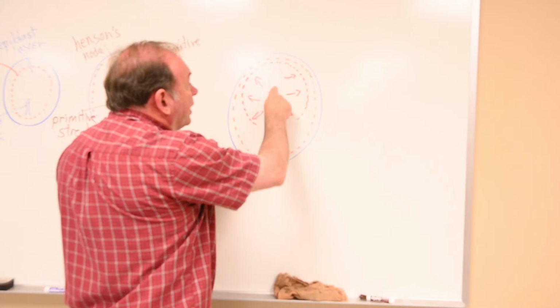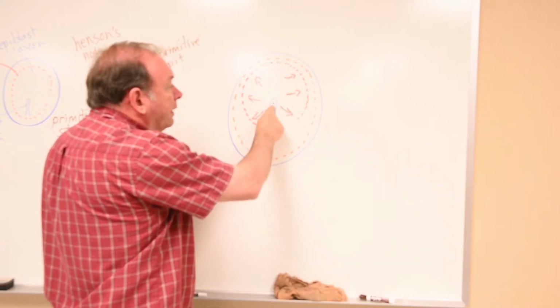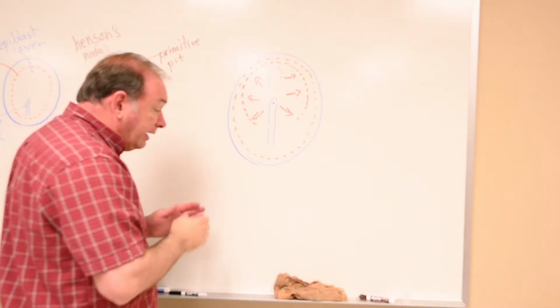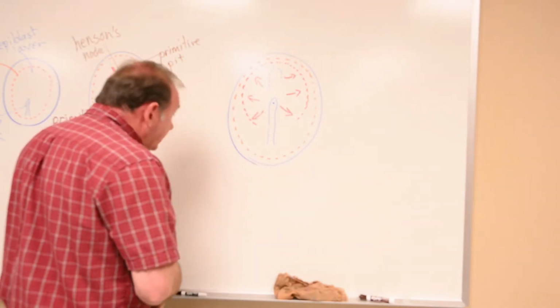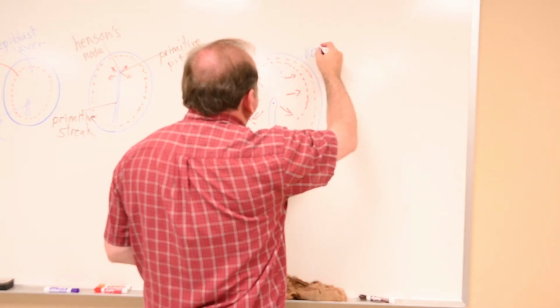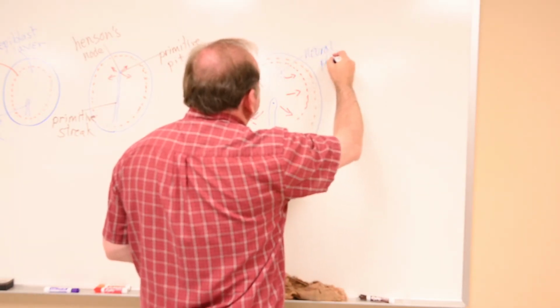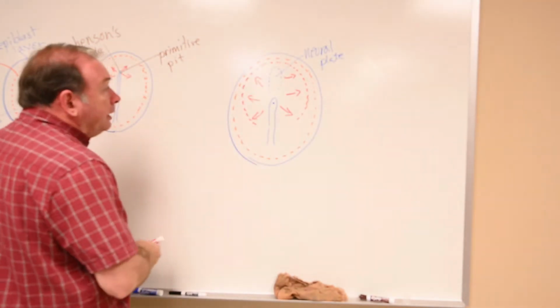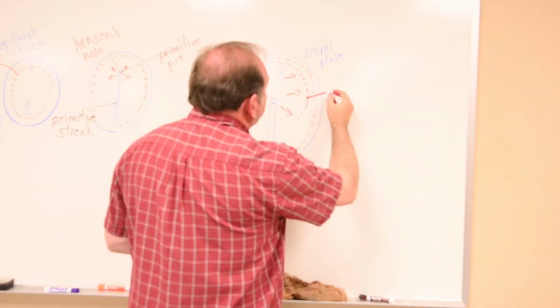In front of the Hensen's node, where we used to have the Hensen's node, is left a thickened zone of ectoderm, so this is the beginning of our neural plate. In red, we have our spreading mesoderm.